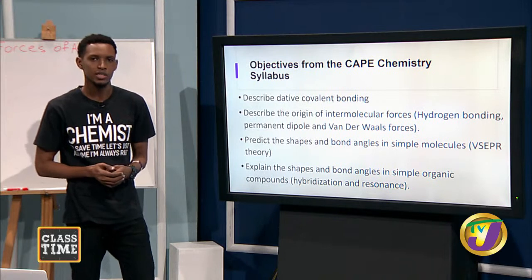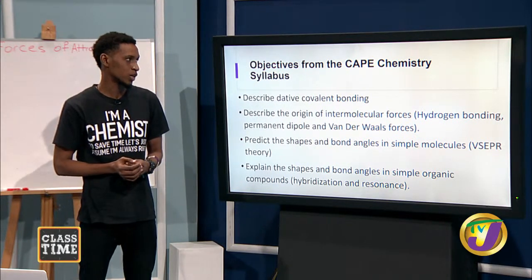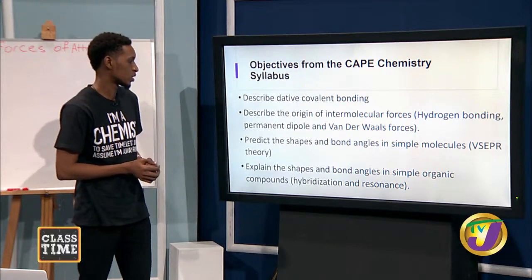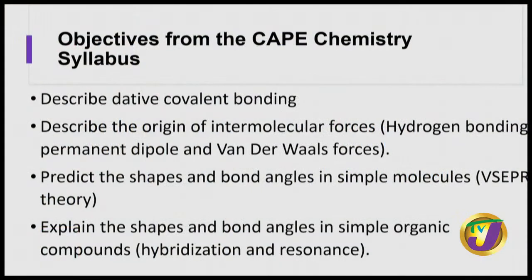Now, before we get into today's lesson, let's take a look at the objectives from the CAPE Unit 1 syllabus. The first objective says that we should describe dative covalent bonding. We should also describe the origins of intermolecular forces, specifically hydrogen bonding, permanent dipole, and van der Waals forces of attraction.